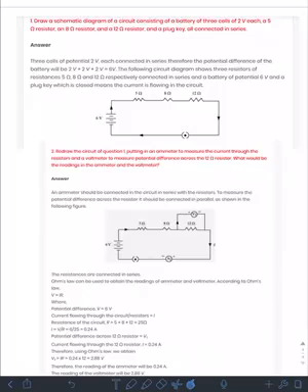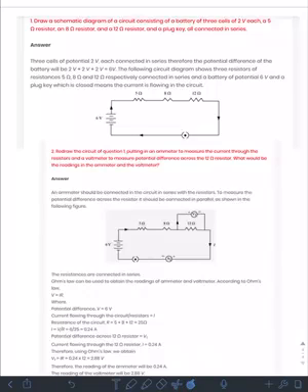Next, the diagram. Draw a schematic diagram of a circuit consisting of a battery of 3 cells of 2 volt each, a 5 ohm resistor, an 8 ohm resistor, a 12 ohm resistor, and a plug key. All are connected in series. We know that whenever resistances are connected in series, the total effective resistance Rs is equal to R1 plus R2 plus R3.